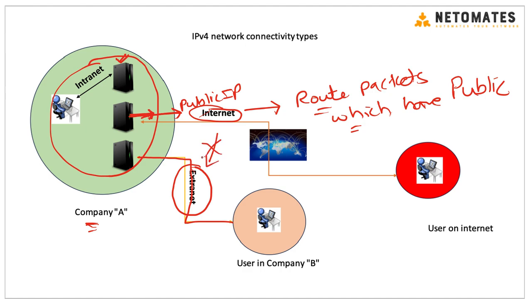From the internet, nobody can reach this link. This kind of connectivity we call extranet. So intranet is internal to the company. Internet is open for everybody on the internet. Extranet is for companies that specifically have some arrangement.